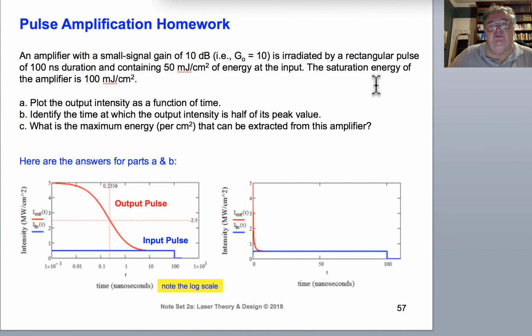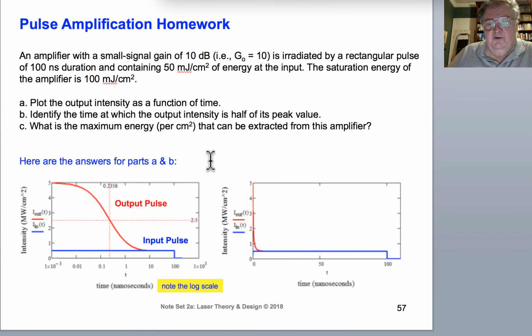The saturation energy of the same system is 100 millijoules per centimeter squared. What I ask you to do for parts A and B is what I give you the answer for. Part C we haven't done yet, but we'll finish up with part C. Plot the output intensity as a function of time, and then identify the time at which the output intensity is half of its peak value, and what is the maximum energy per cc, that cross-sectional area of the amplifier, that can be extracted from this amplifier.